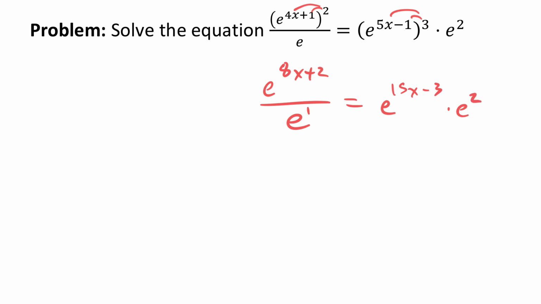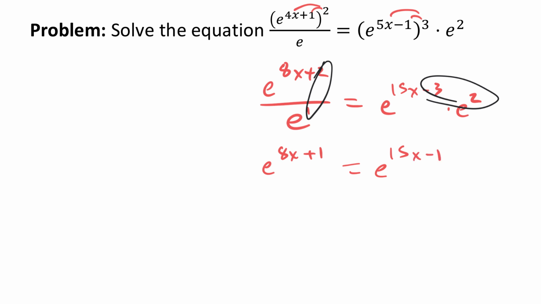Now this is e to the 1, so we're going to subtract. It'll be e to the 8x plus 1, because we're going to subtract the 2 and the 1. Over here we're going to add the minus 3 and the 2, so that's going to give us e to the 15x minus 1. Negative 3 plus 2 is negative 1.